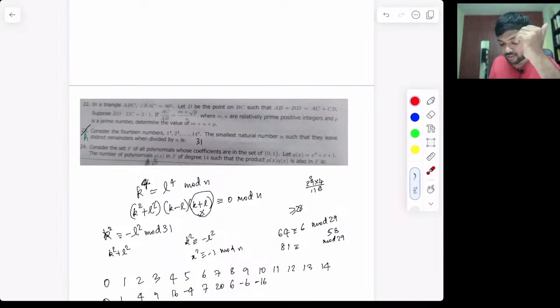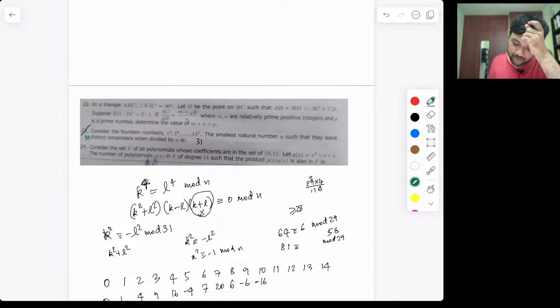It won't work. You just have to trial and error raised to the power 4 and check, right? And with 31, you will see they are different. So once you check these 14 numbers with 31, just by brute force trial and error you can do. So that's why I still think it's not hard. Again, I will say it's on the medium side actually. Maybe on the harder side of medium, but still on the medium side.